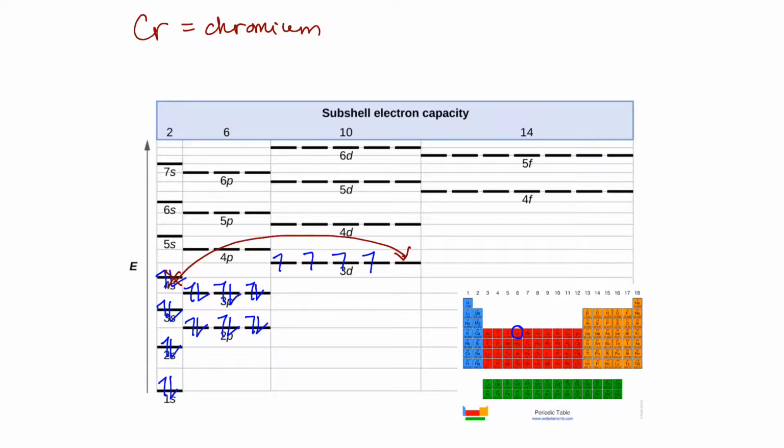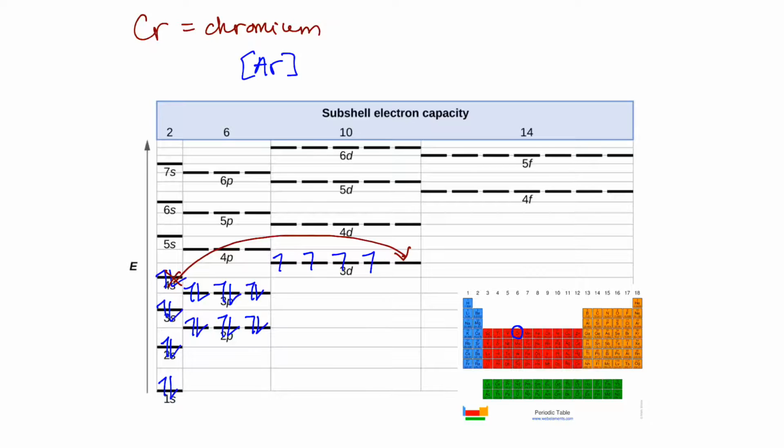Okay, your electron configuration for chromium, if you were to look that up in any kind of resource, is probably going to look like this, using our noble gas abbreviation.